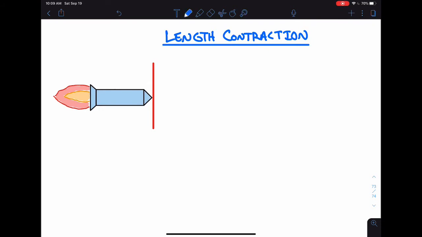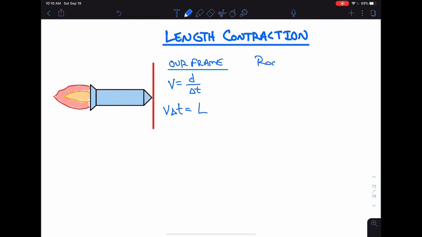So from our frame, we're watching this. So we know that V equals D over delta T. Delta T is how long the beam was broken. So V is how fast the rocket's moving, speed of the rocket. V delta T is going to equal the length of the rocket. But what about from the rocket's frame?